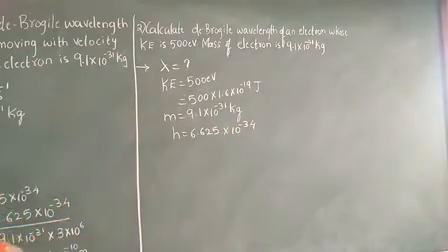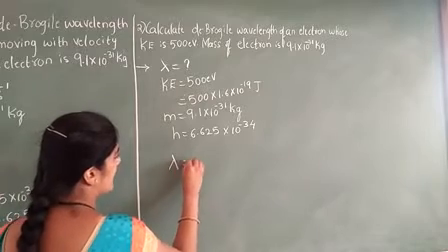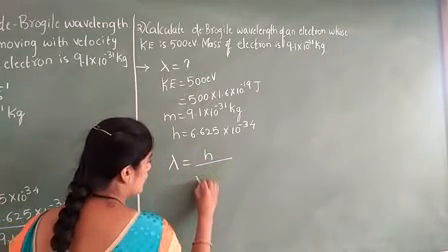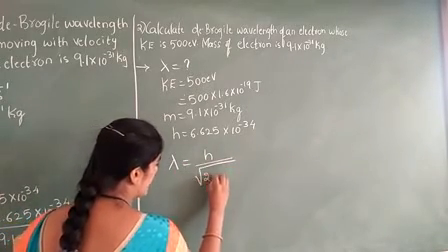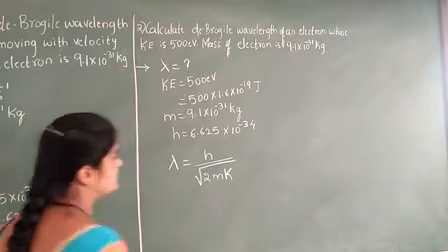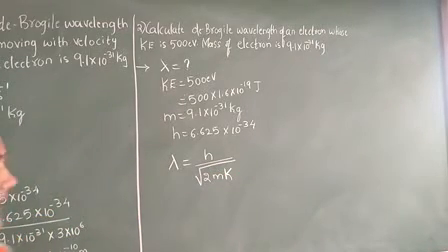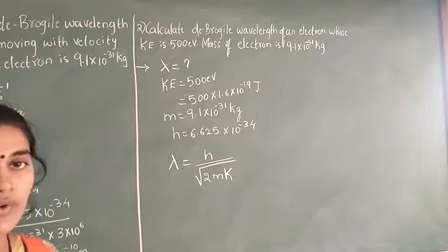Now by using this, here we have to find the value of the lambda. Lambda is equal to, we are writing the formula as h divided by root of 2mk.